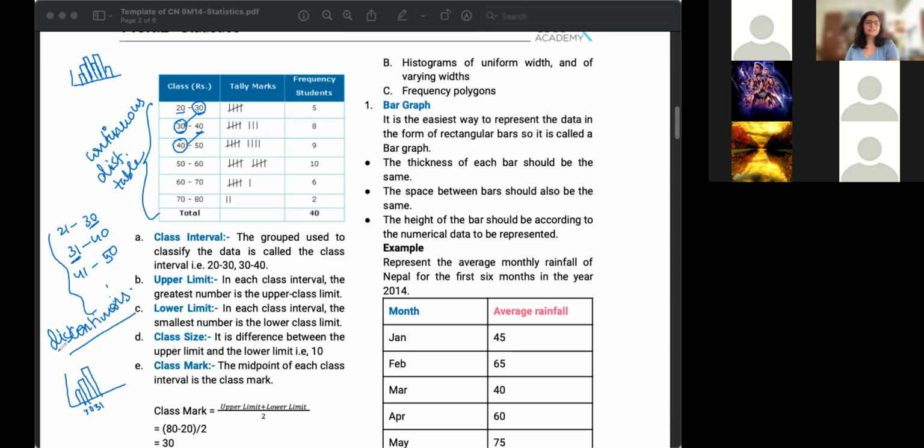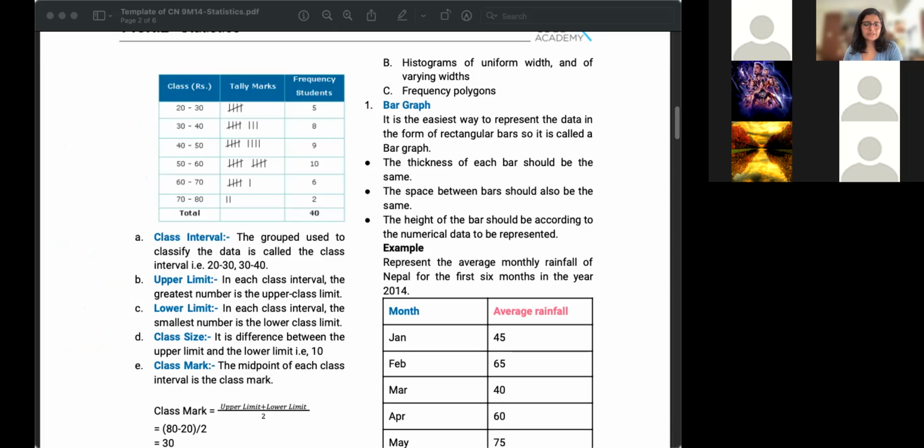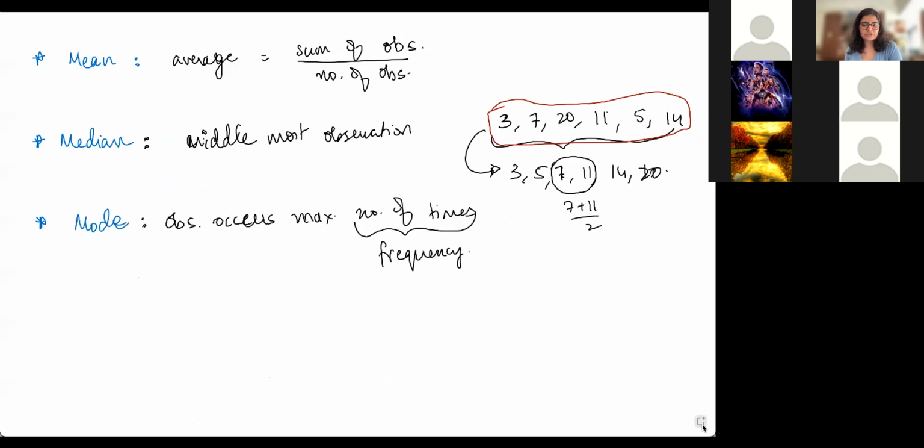So these are the two major types of frequency distribution table you will come across when solving questions: the continuous distribution table and the discontinuous distribution table. All the formulas and concepts you apply in solving questions will be based on continuous distribution only.